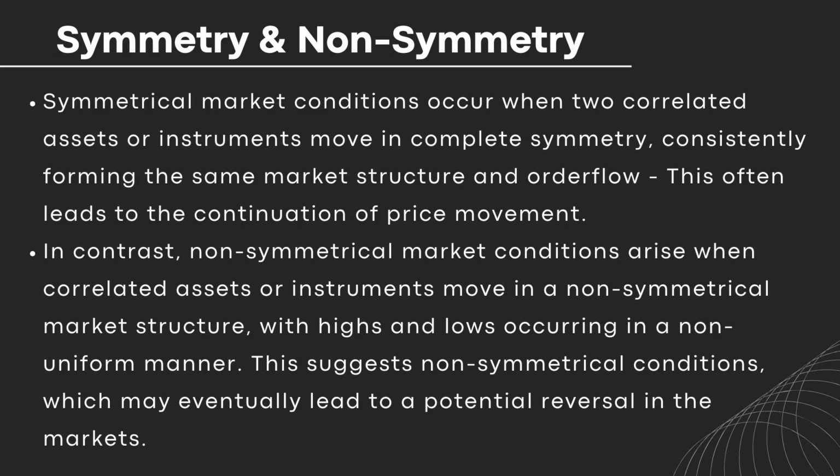The proportion of that similarity or variation will define the type of market structure or condition that we are in. A symmetrical market condition occurs when two correlated assets, markets or instruments move in complete symmetry, meaning they consistently keep forming the market structure and order flow.